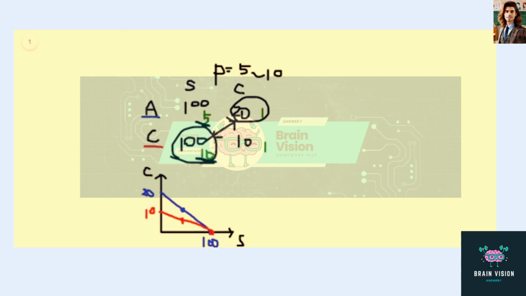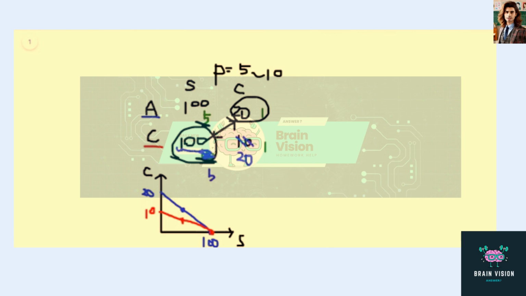Okay, so now China has advanced in technology, so they still produce 100 shirts, but they can also decide to produce 20 computers. So now their ratio is exactly the same, both 5 to 1.